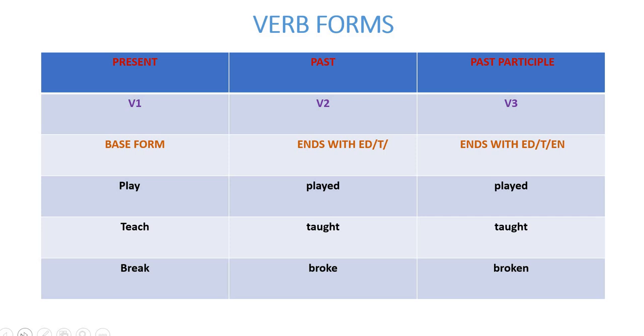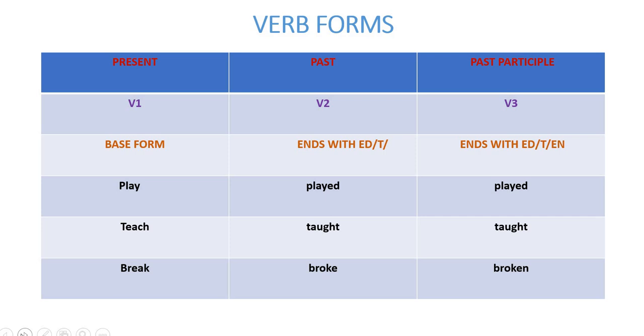And then you should understand that when we change the word teach into past tense, it becomes taught. And past participle form, it is again taught. So here understand that you don't have a regular pattern. Instead, the two forms are the same in this pattern. V2 form and V3 form are the same.